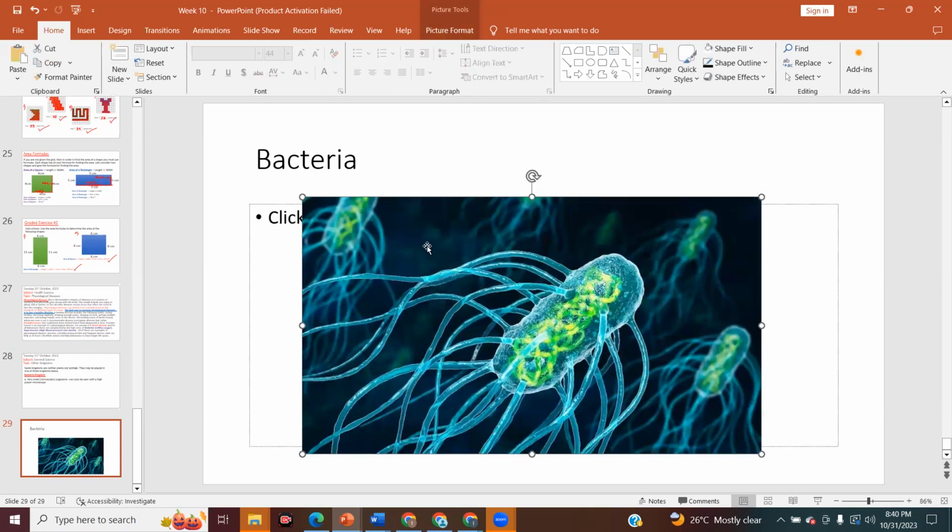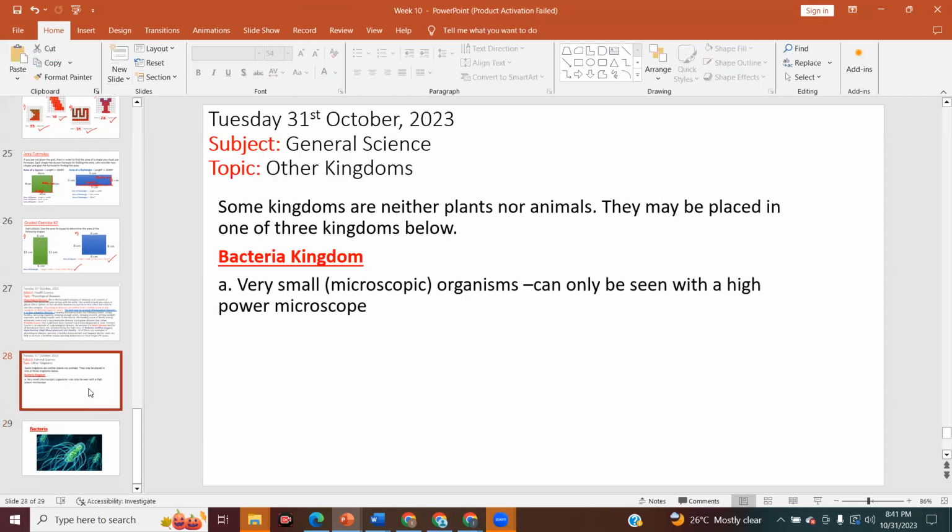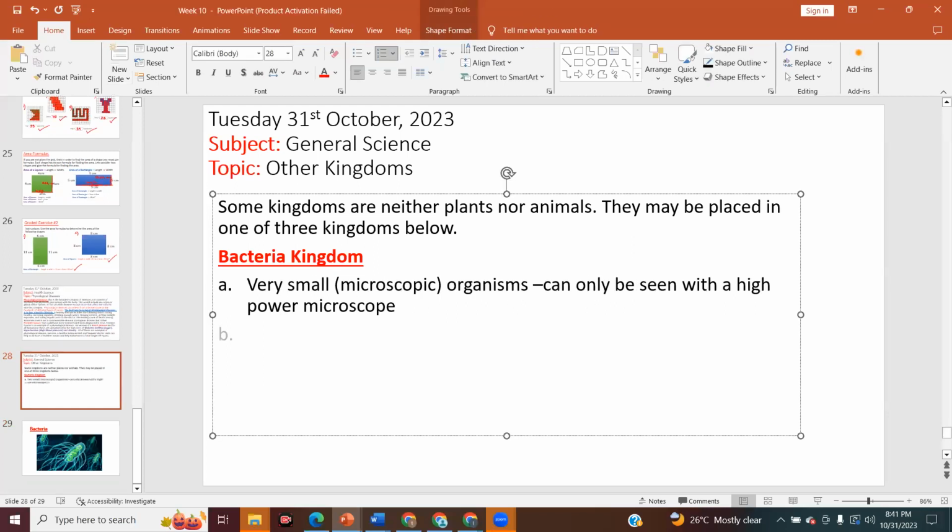Not all bacteria are bad. Some bacteria are actually good for the body. Did you know that? You have some good bacteria and some bad bacteria. Some are actually good for us, and they help to digest food.